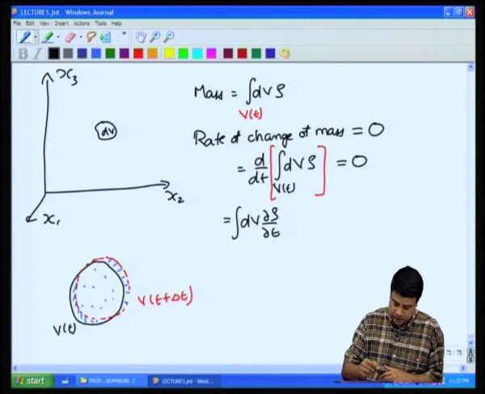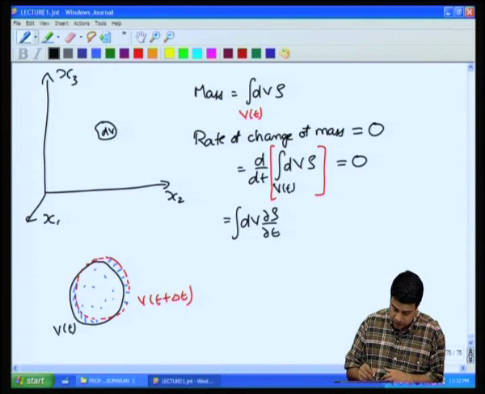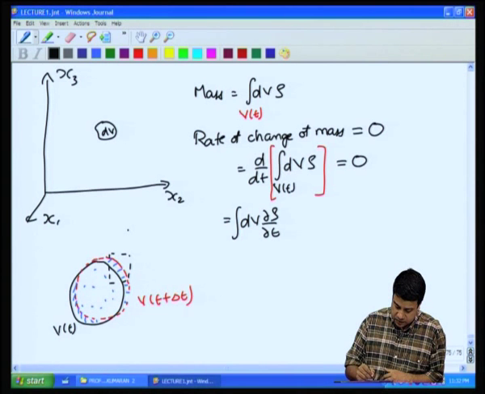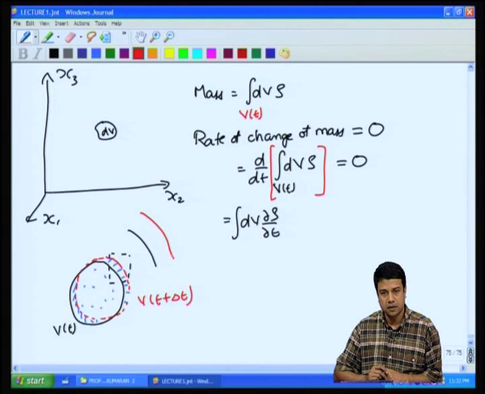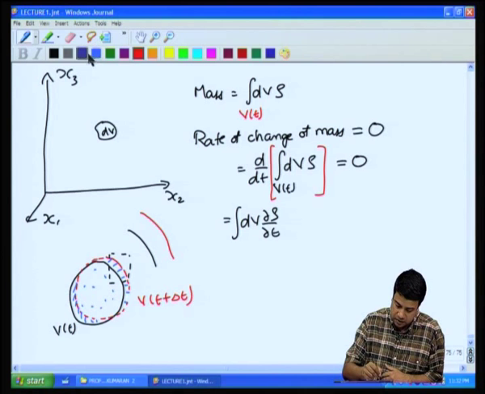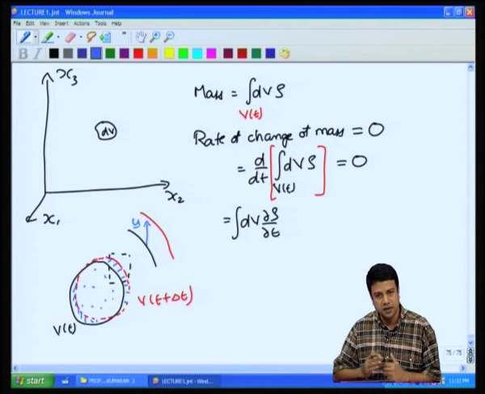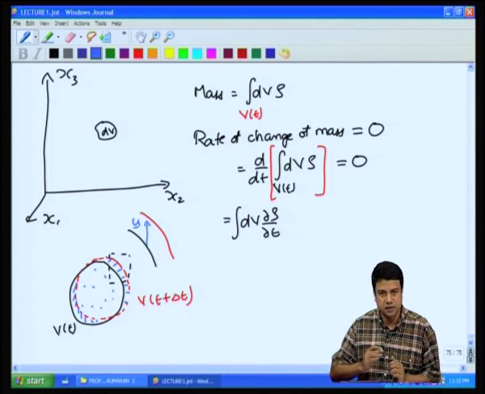For example, if I expand out a small region over here, a surface which was initially at this location has moved to a new location because of the fluid velocity. The fluid velocity could in general be in some direction at this location. This is the fluid velocity u in some general direction with respect to the surface. Because the fluid is moving, the surface has also moved.